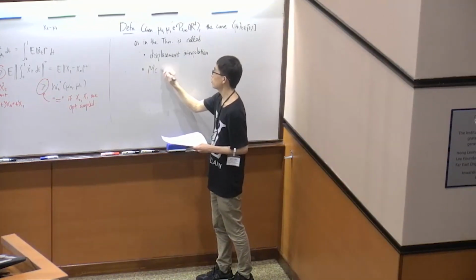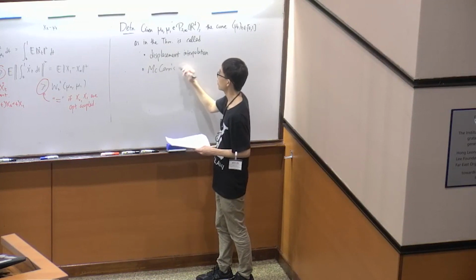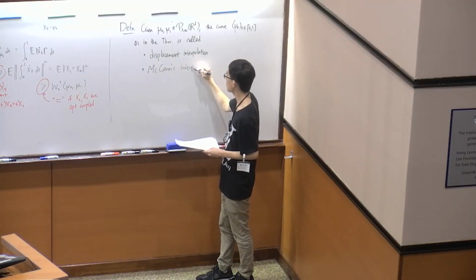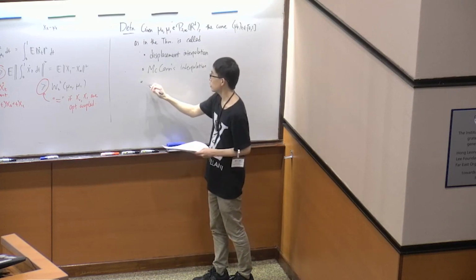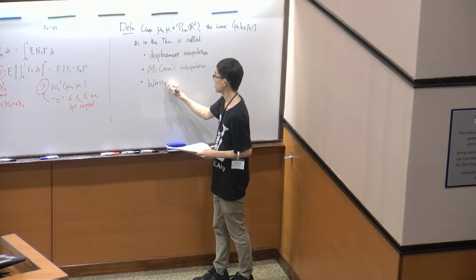It's also called McCann's interpolation, after McCann, who suggested this. But from the geometric perspective, we're just going to call this the Wasserstein geodesic.